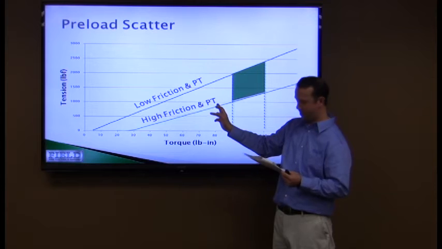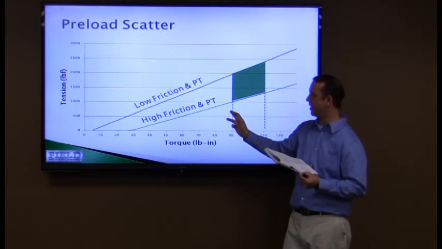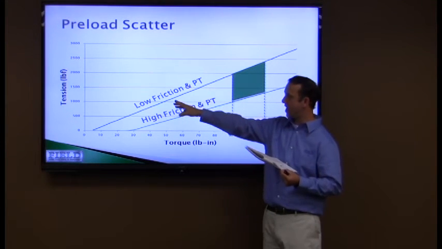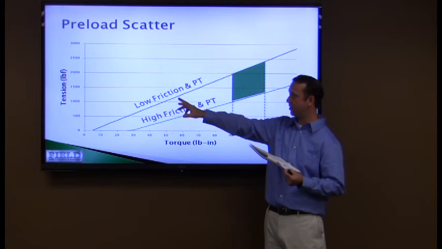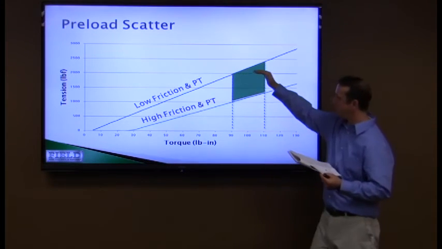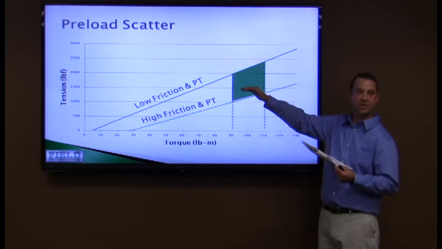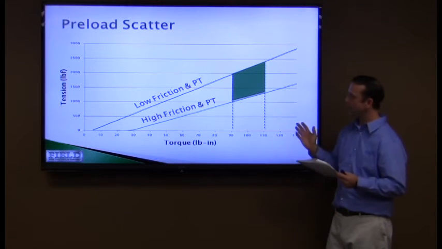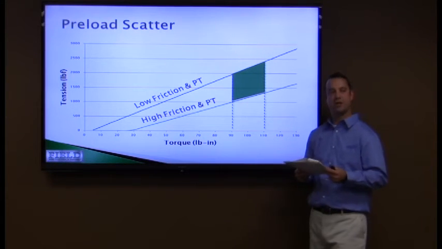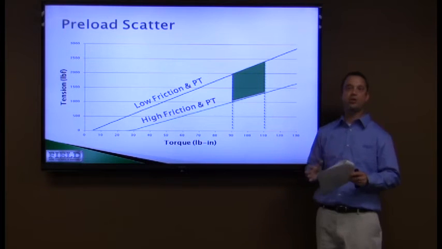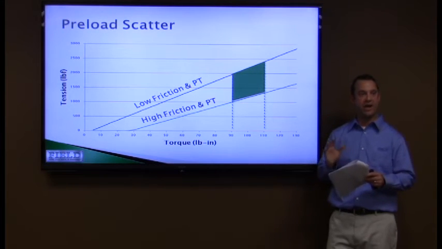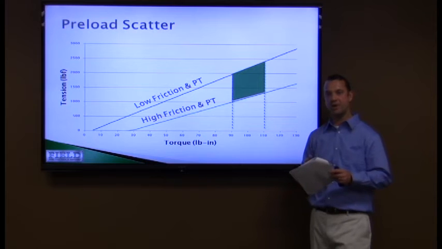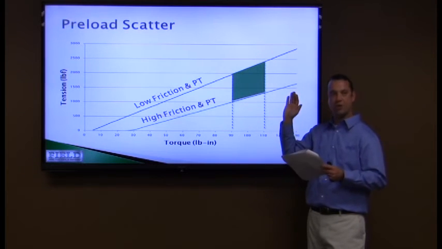In this case, PT is prevailing torque lock nut, which we've looked at here. If you were to have a lock nut with a lot of friction and a lock nut with a little bit of friction, it's really going to increase the amount of variation in your joint. So the main goal of this slide is just to show you that you want to reduce the amount of variation in your joint and not add extra features when you don't need them, or extra items that might cause you to have more variation.